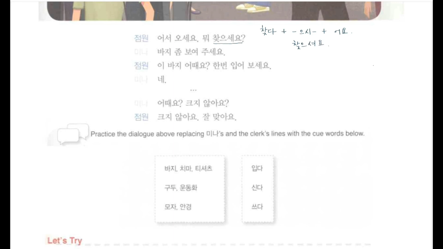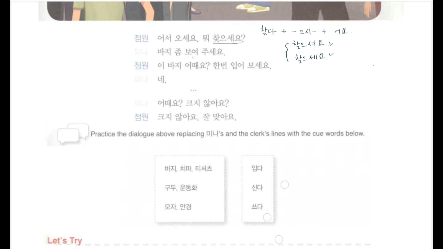However, the National Korean Language Institute declared that we can actually use 찾으세요 to facilitate our pronunciation. So either way works. It means, what are you looking for, ma'am? In a polite way.